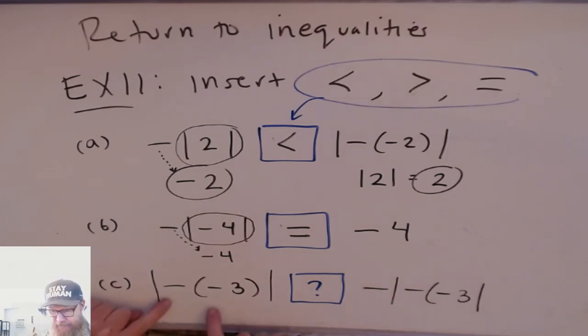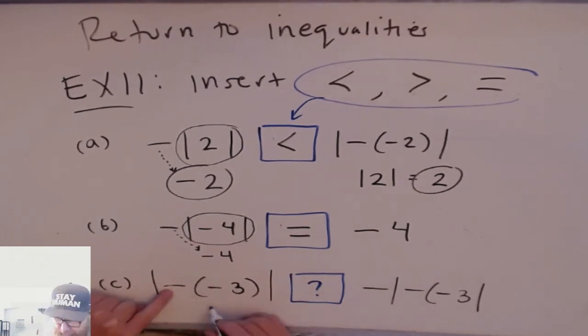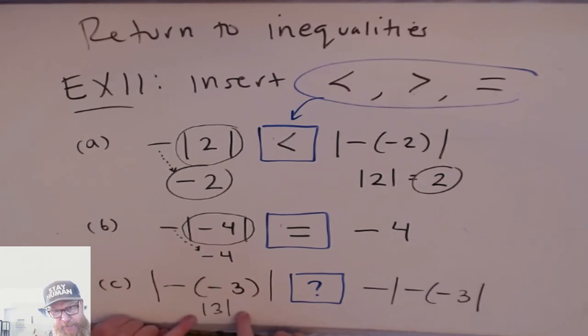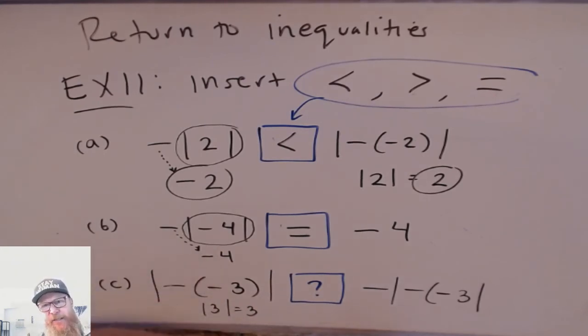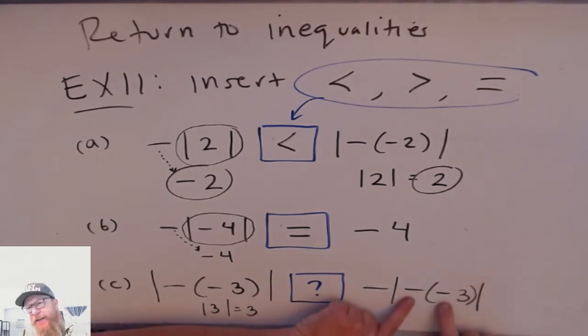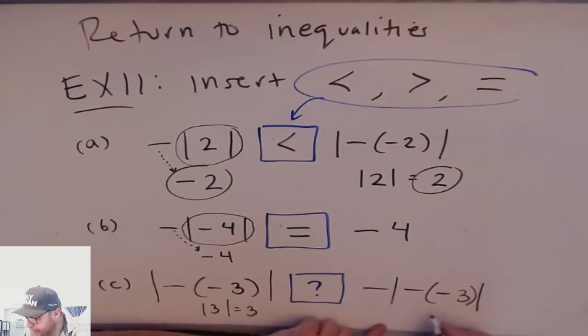Finally, you have negative, the negative, which is positive, because those are parentheses. That's positive 3. And then you're taking the absolute value of positive 3. That's 3. So this side represents 3. Oh, I forgot there's a missing parenthesis here. In this one, you have negative, negative, which becomes a positive.